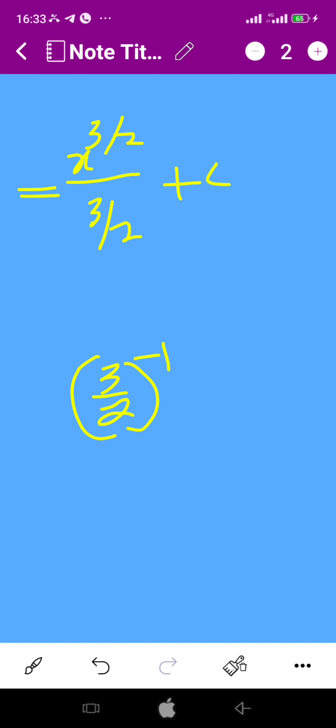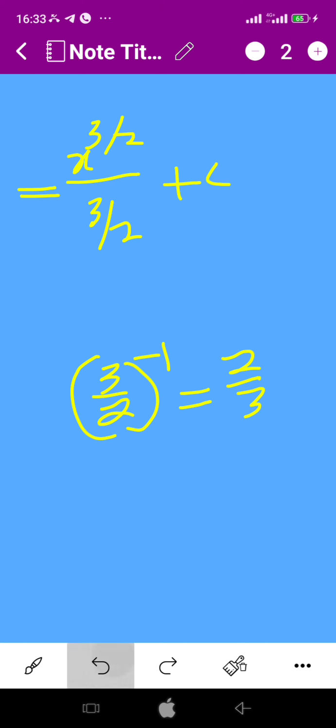That's the inverse, and you turn this one inside the bracket upside down, it will be 2 all over 3. So the inverse of 3 over 2 will always give you 2 over 3. Just turn it upside down.